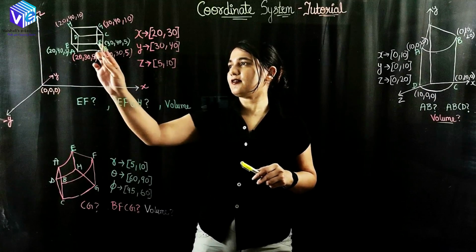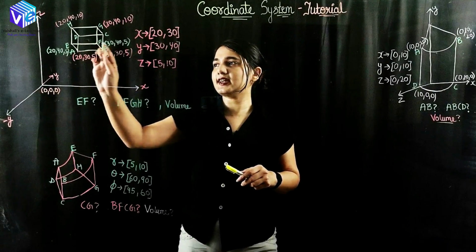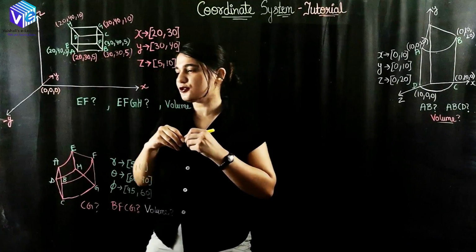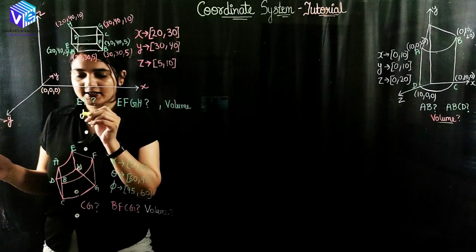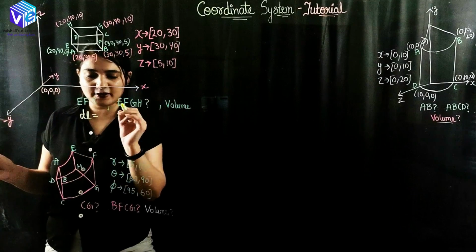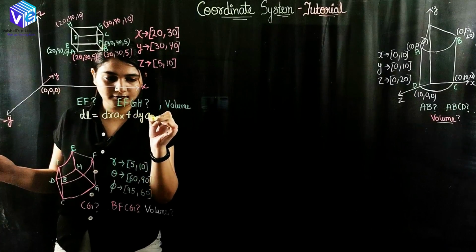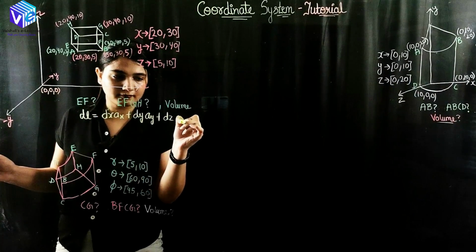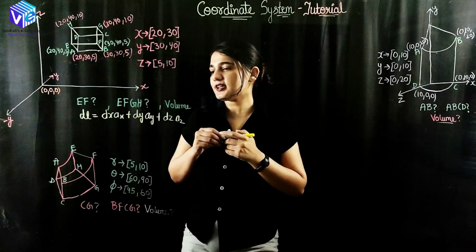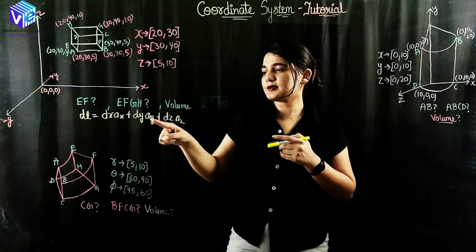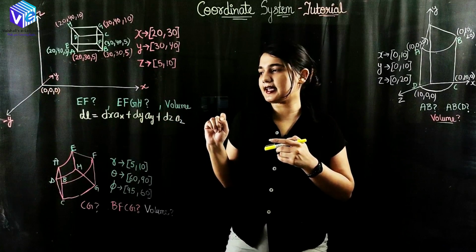In the Cartesian coordinate system the differential length was given by dx ax plus dy ay plus dz az.